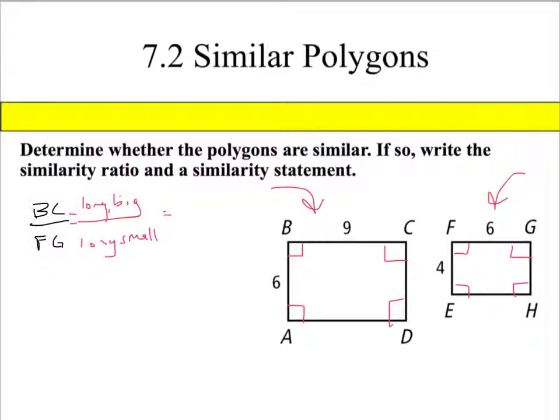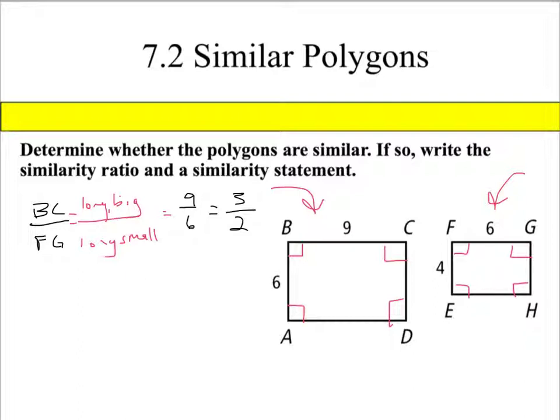So that ratio is going to be 9 over 6. And when we simplify 9 over 6, what do you get? 3 over 2. So my ratio between the big rectangle and the small rectangle, BC over FG, is 3 over 2.